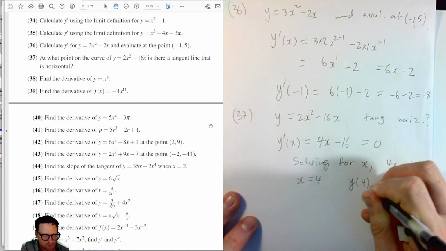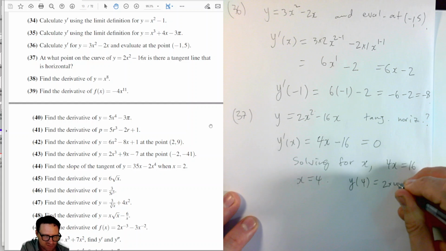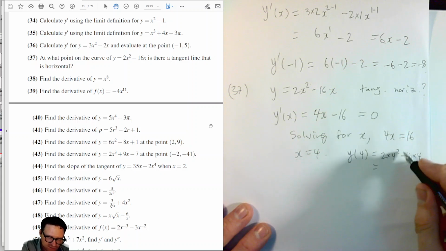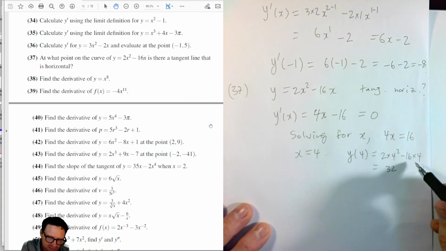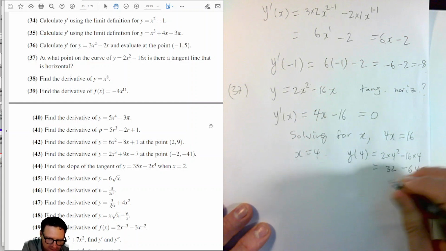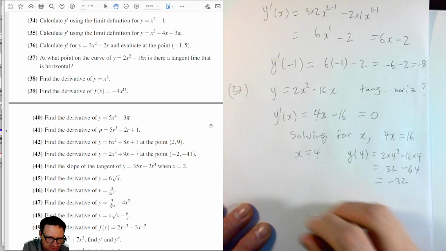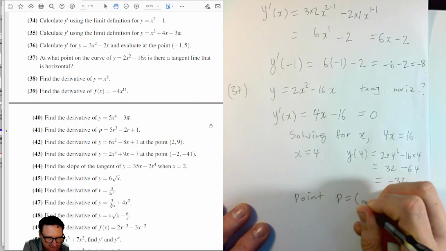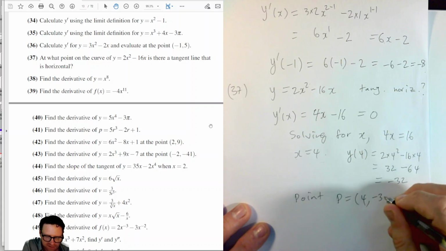So y of 4 is equal to 2 times 4 squared minus 16 times 4. Okay, so this is 2 times 16 is 32, and then 16 times 4 is 64. So we've got minus 32, and the point is the point 4, minus 32.